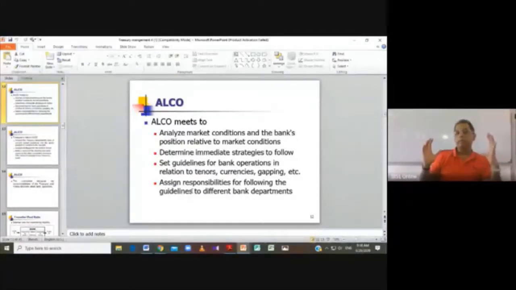Then, that's the internal side of it. Then it will position itself against the market. What are we expecting? That's where the economist or somebody like that comes in, and the treasurer also comes in to say, what are we expecting with interest rates? What are we expecting with liquidity? What are we expecting in terms of policy movements from the regulator?